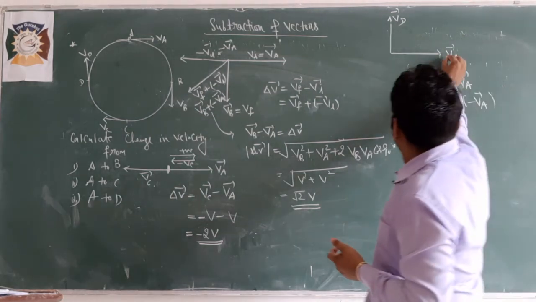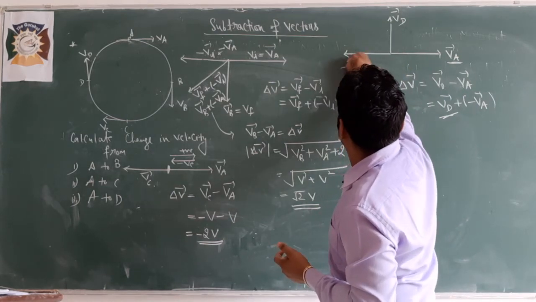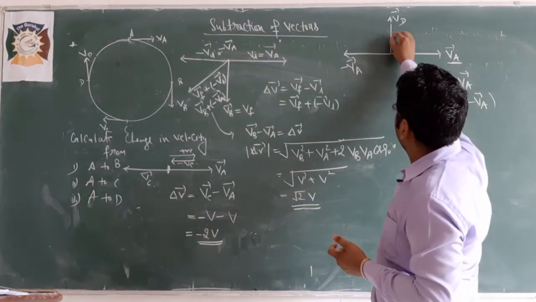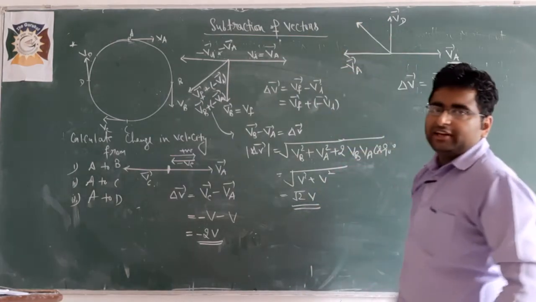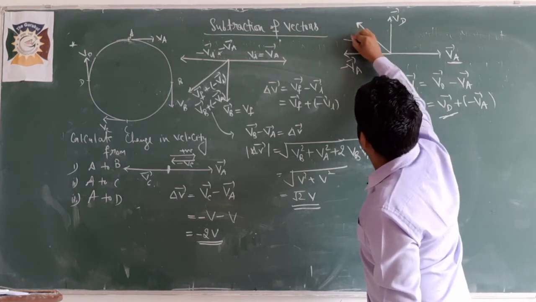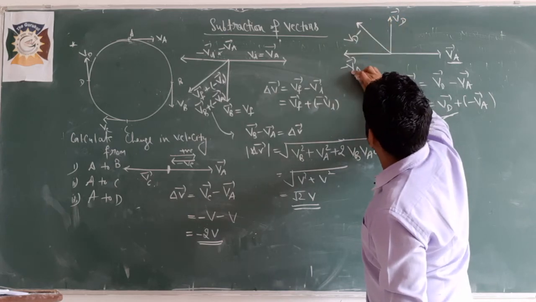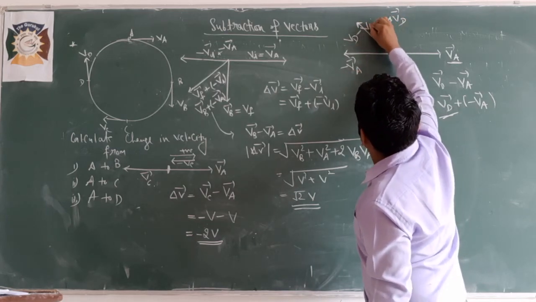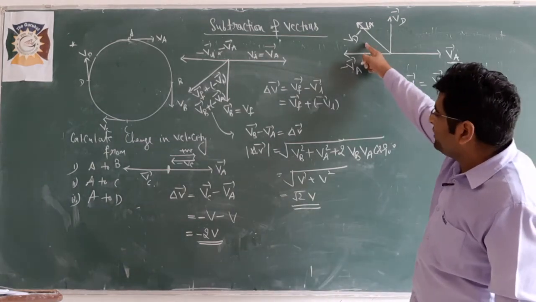Clear? But the negative of vector Va will be in this direction. Okay? With the help of vector addition, the resultant will be in this direction. So here, this will be the resultant, that is Vd minus Va. Okay beta? Again, what will its magnitude be?